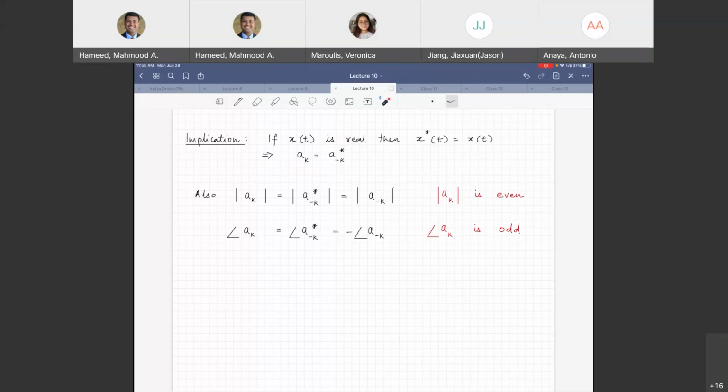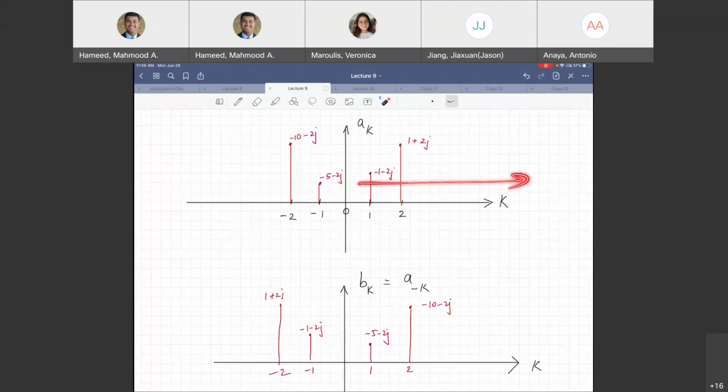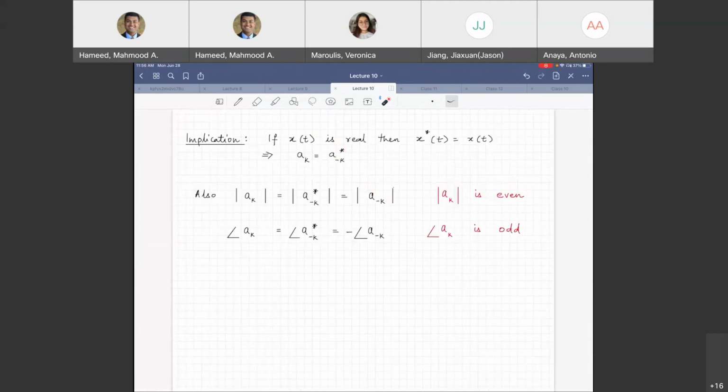The complex conjugate coefficients on the right half are the same as the left half, right? All of these should be the same as these. Can you see that? This should be the same as this, but also this should be the same as this after complex conjugating them, right? Because of that. So that's with respect to the Fourier series.